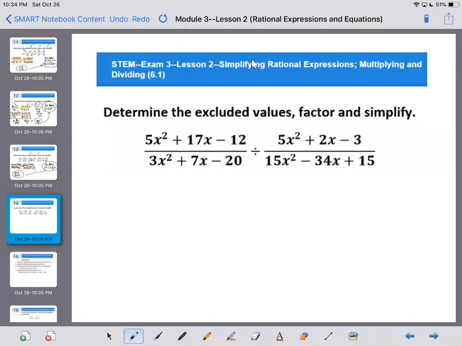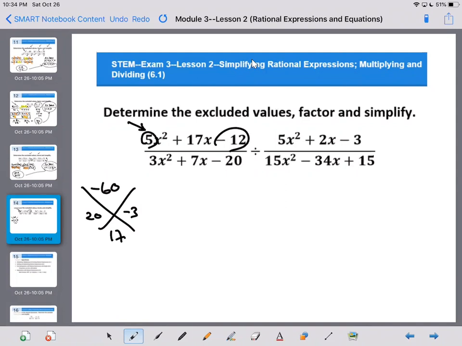So we're going to take the top expression and factor that. Remember what you're looking for. Since we can't factor out a 5 from anything, you're taking a times c, and that's going to be negative 60. And you're looking for factors that add to give you 17. And so that'll be 20 and negative 3.